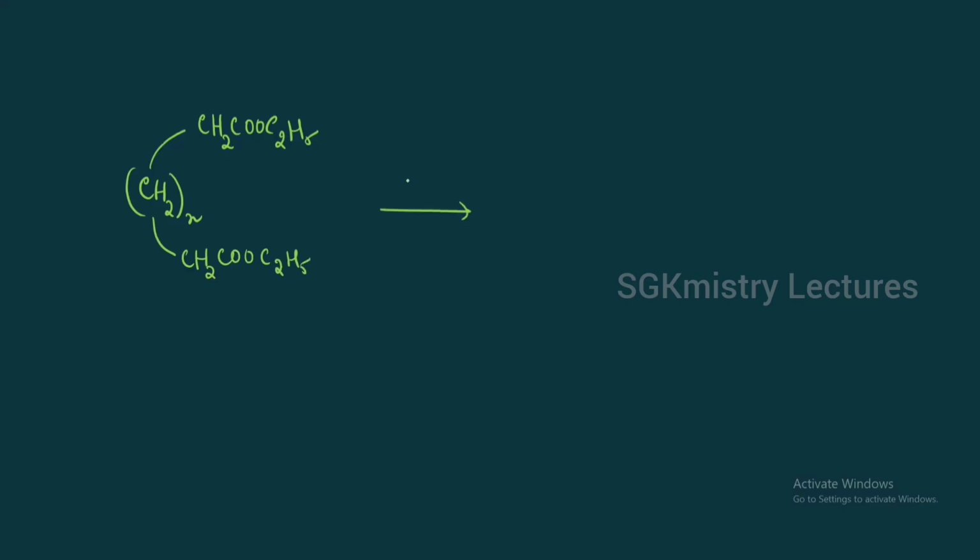In the presence of a base like C2H5ONa, you're going to get CH2 N times here CH2. So here CHCOOC2H5, and here these two carbons are held together by the C double bond O.